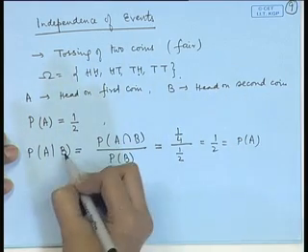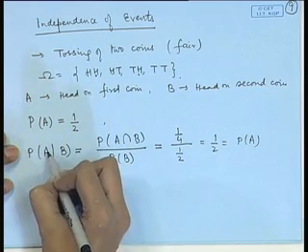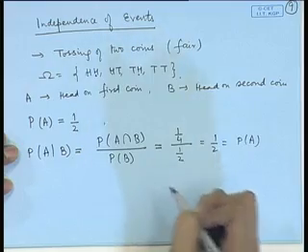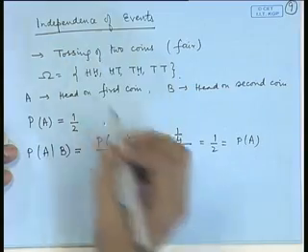That means happening of B does not affect happening of A. This means the happening of A is independent of the happening of B. This is the concept of independence of the events.